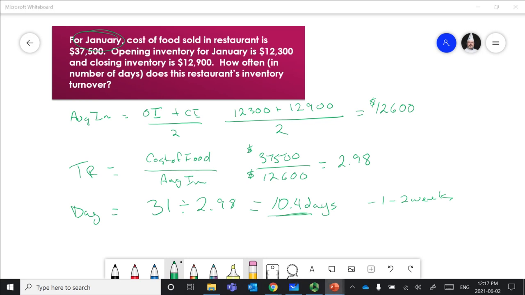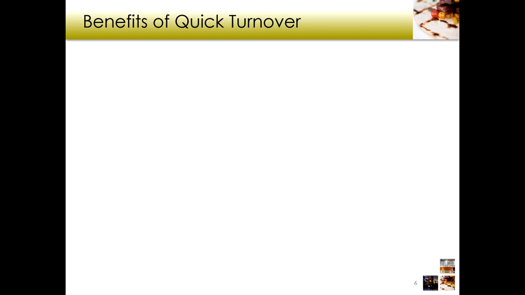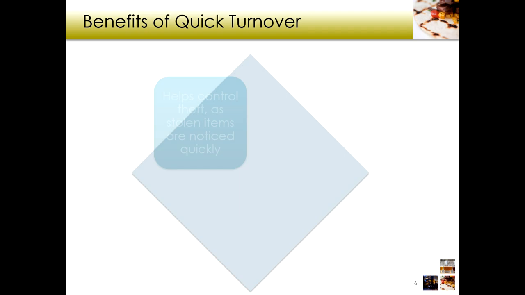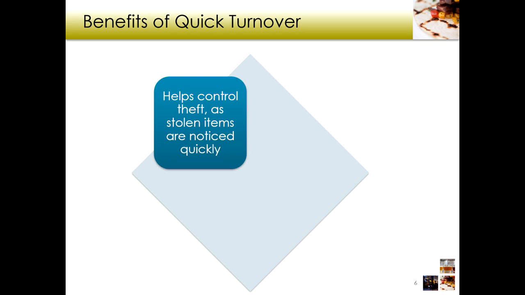So why do we want a quick turnover? Well, we want to help control theft, as stolen items are noticed quickly. If we do not have excess inventory and we only have the product that we need to do our business, if something goes missing, we're going to notice it right away, right?